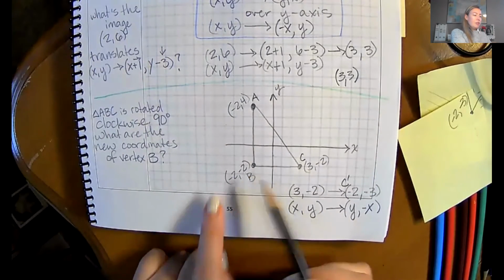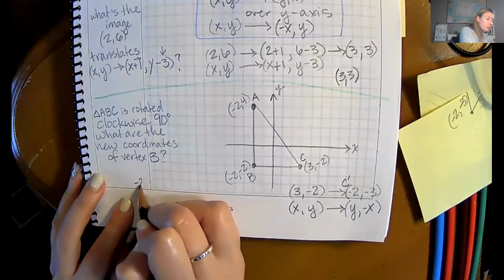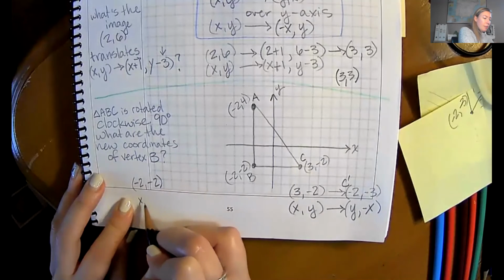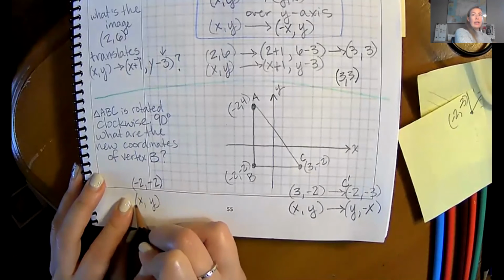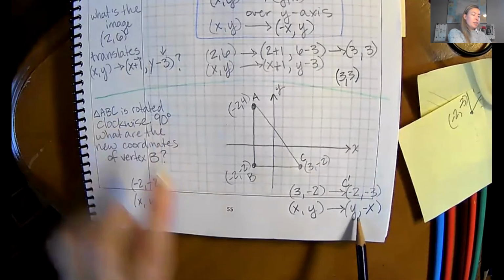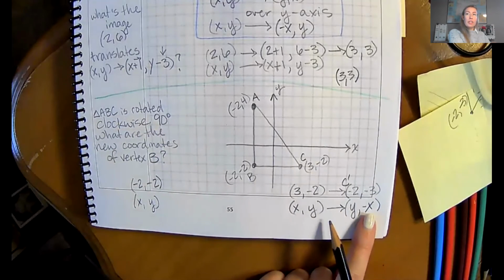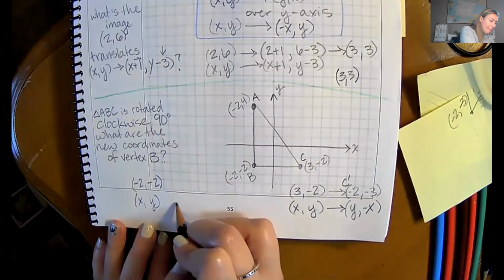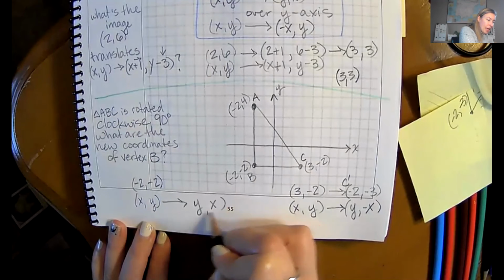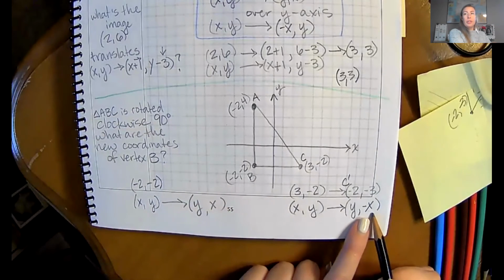I'm going to say -2, -2. That is my x, y. And the formula for rotating clockwise 90 degrees is to just swap the order of x and y, and the x becomes negative.